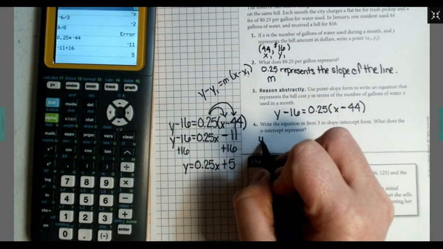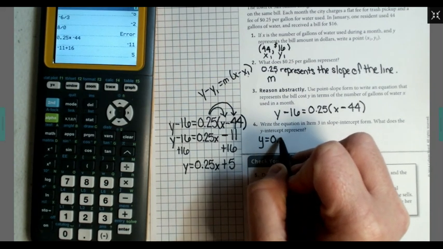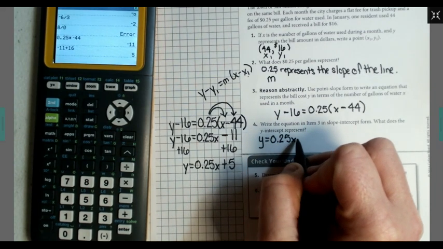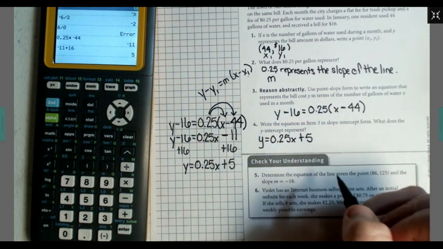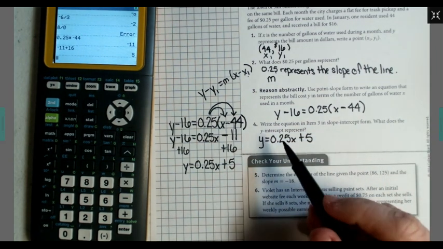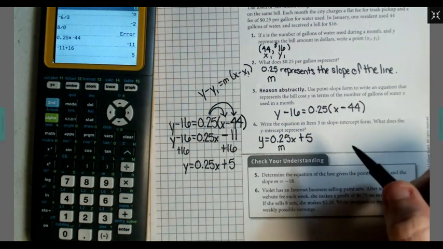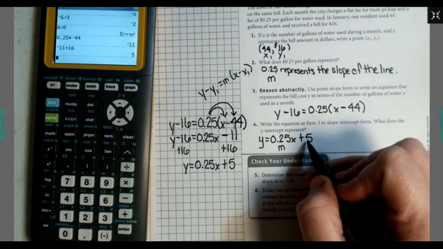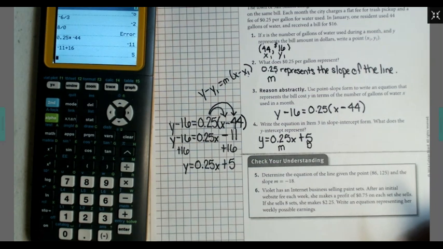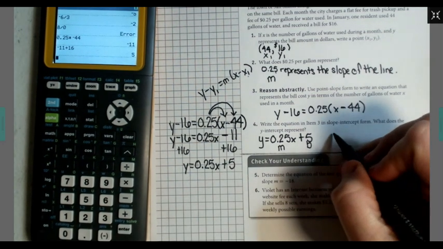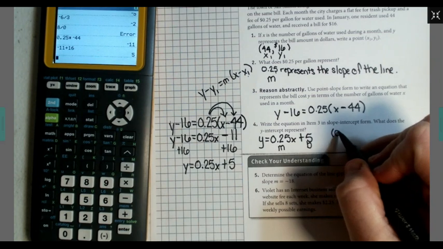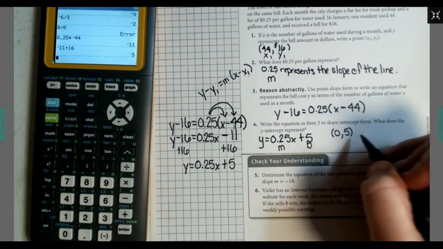So my equation is y equals 0.25x plus 5. Now, recall that this is my m, which is my slope, and this represents my B, which is my y-intercept. My y-intercept is 0, comma 5.